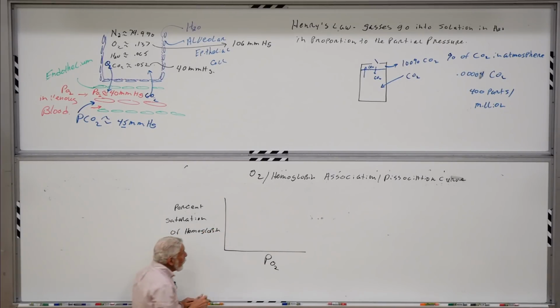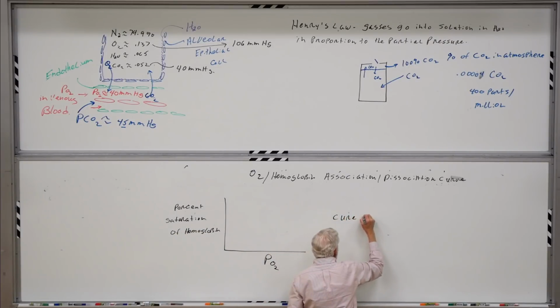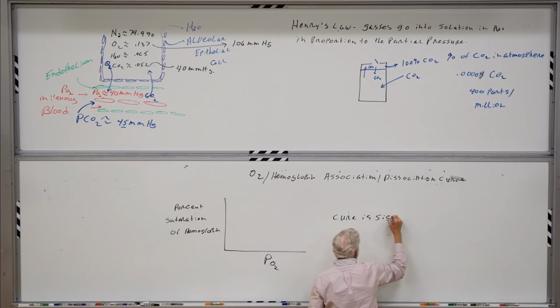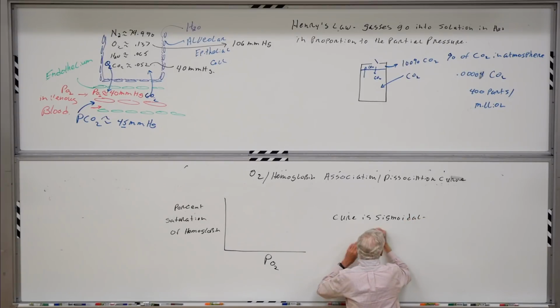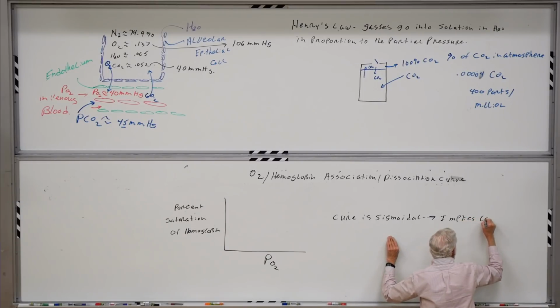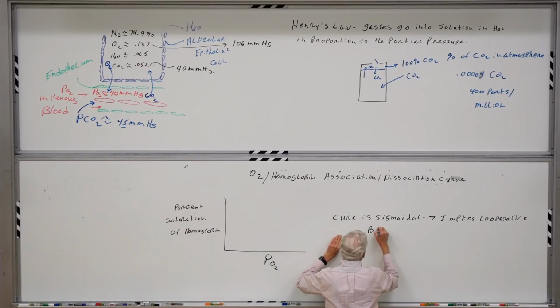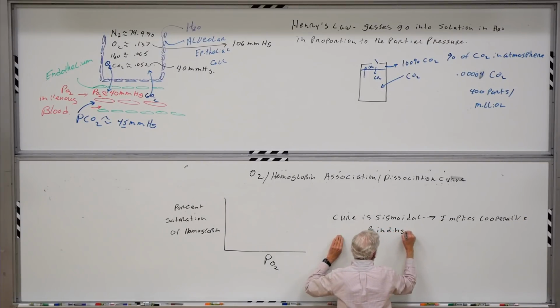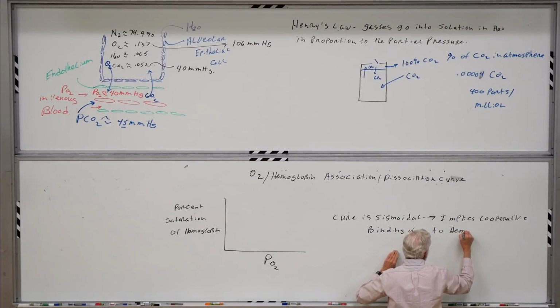When we draw this curve, we find that the curve is sigmoidal. And the sigmoidal curve implies cooperative binding of oxygen to hemoglobin.